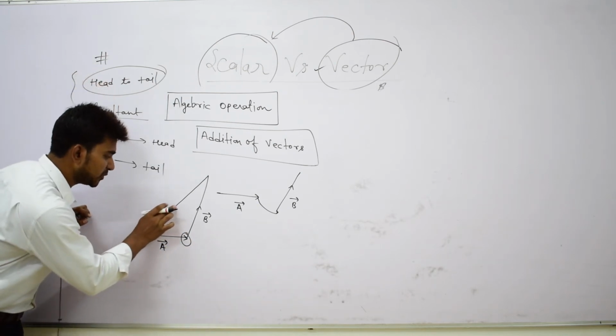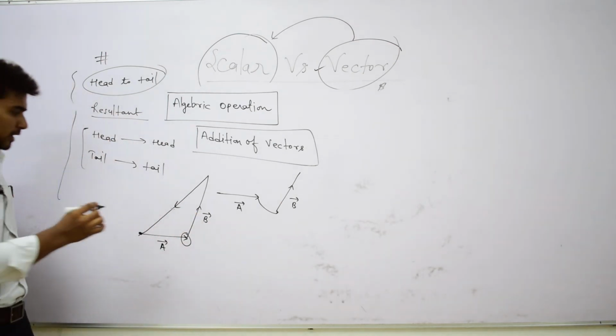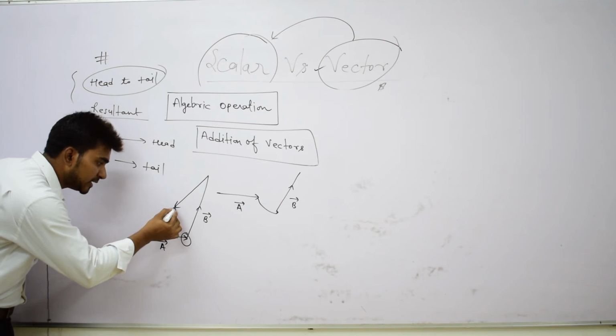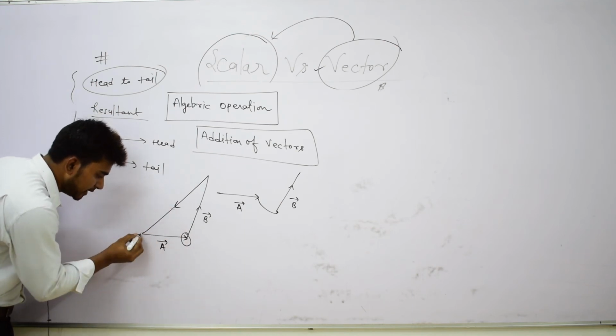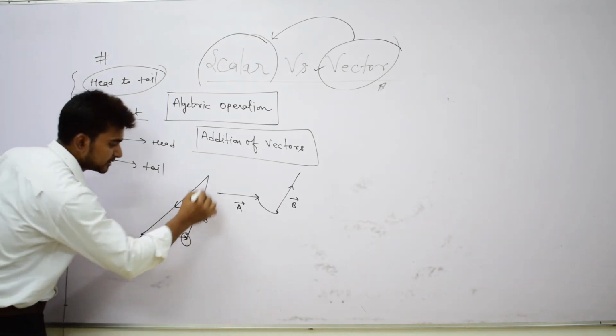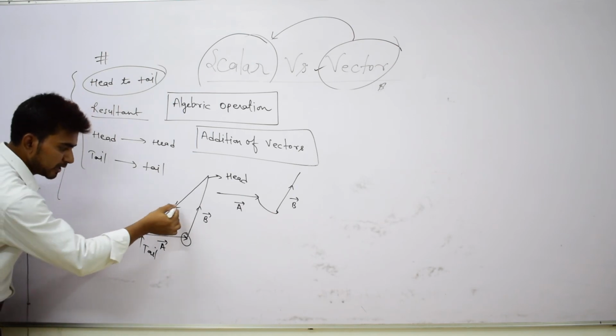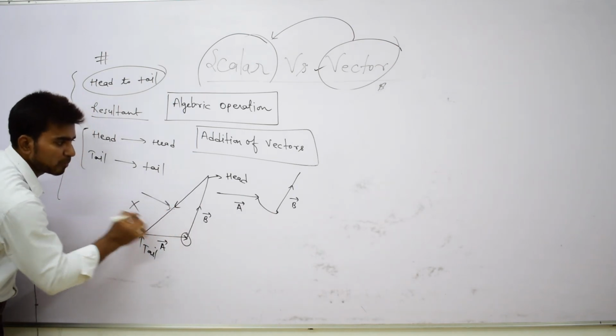now just see here, let's suppose by mistake I am just doing this. Okay. Here this is its tail point and this is the head point of the vector. If we do this, it is the wrong manner.